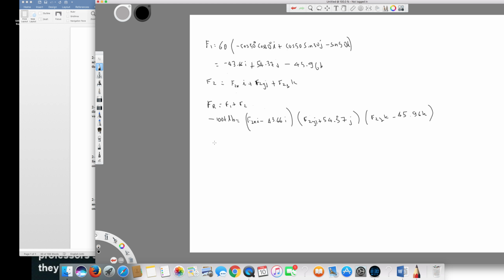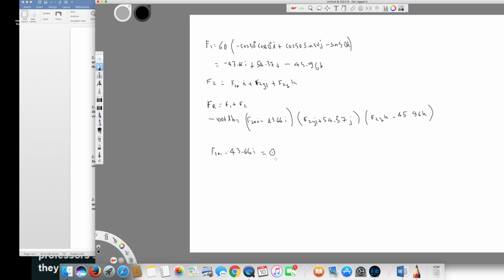So f2x minus 43.66 i is equal to 0, because the resultant force is not going to be in the i-axis or the j-axis, it's going to be in the z-axis.